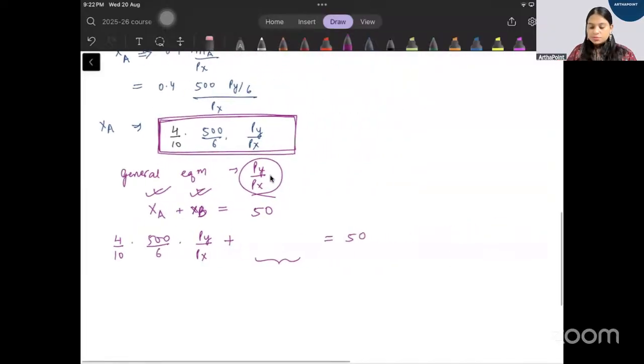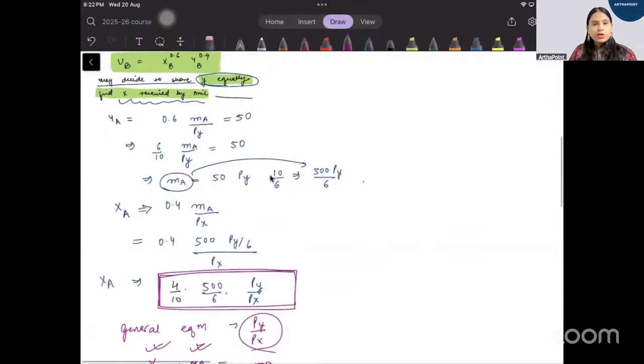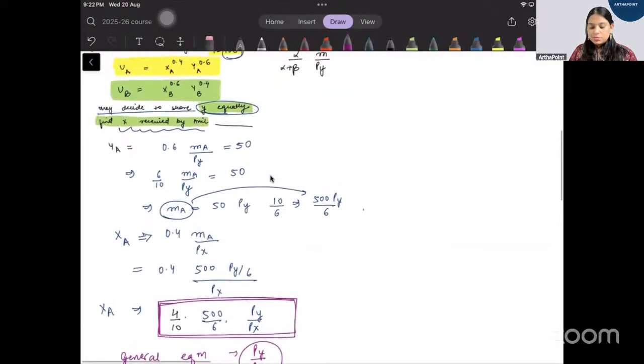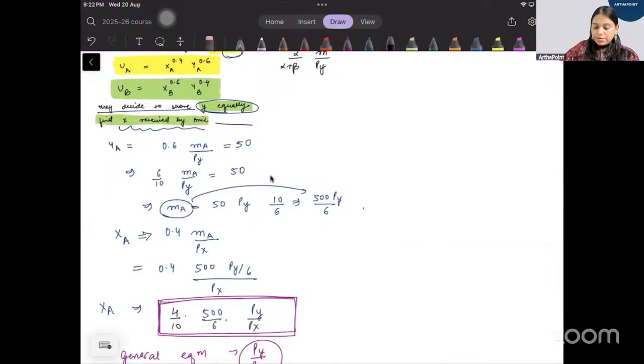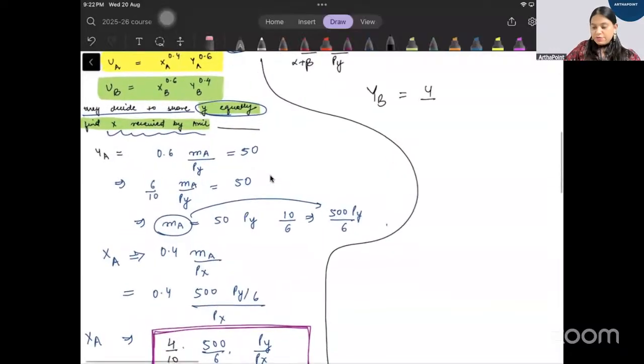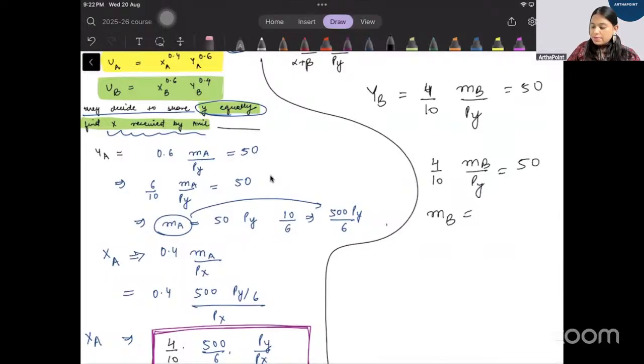Do a similar thing for Binod. For Binod, the amount of good Y that he will be demanding will be 4 by 10 MB by PY, and he also gets 50 units. So 4 by 10 MB by PY equals 50. So the income of Binod will be 50 PY into 10 by 4, that is 500 by 4 PY.